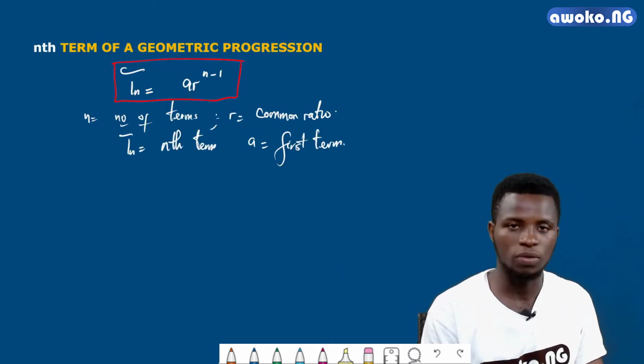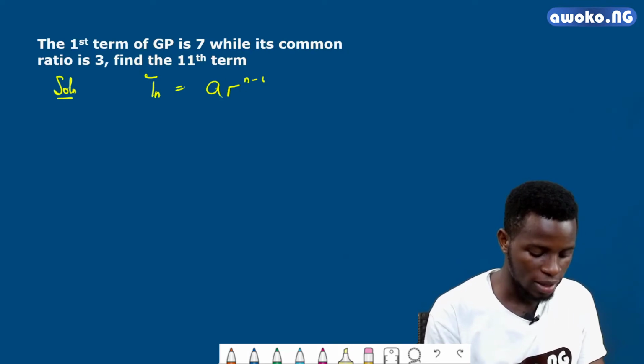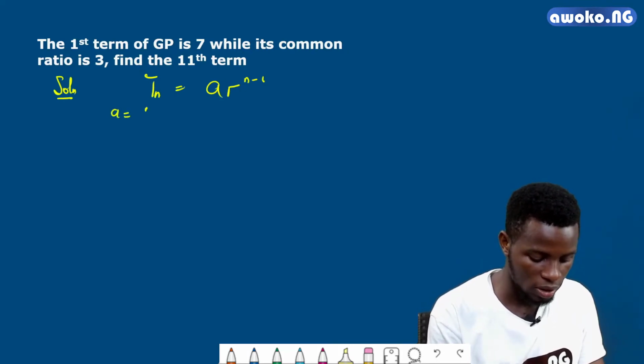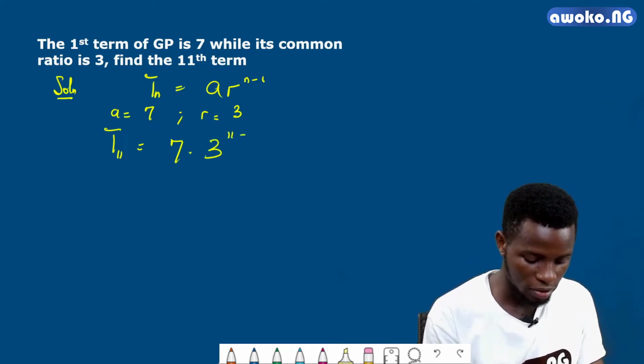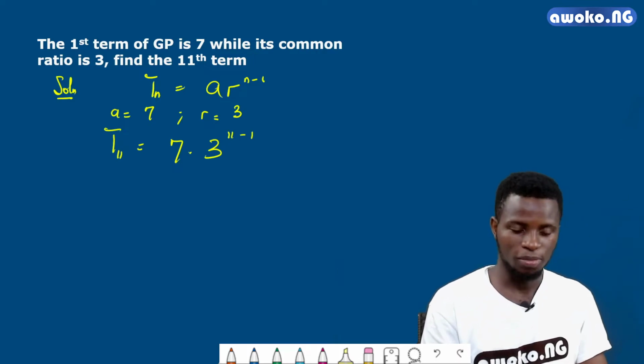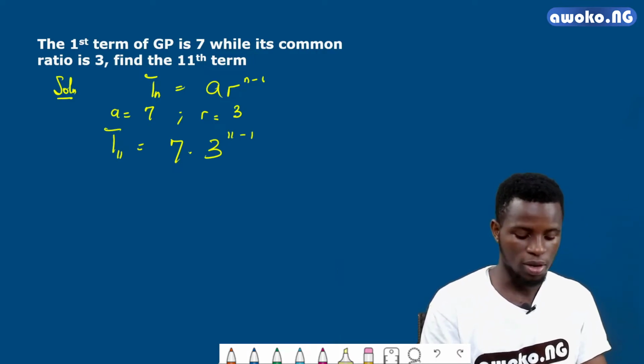We were told that a is equal to 7 and r is equal to 3. Therefore, T11 will be equal to 7 times 3 raised to the power of 11 minus 1, because the number of terms is equal to 11.